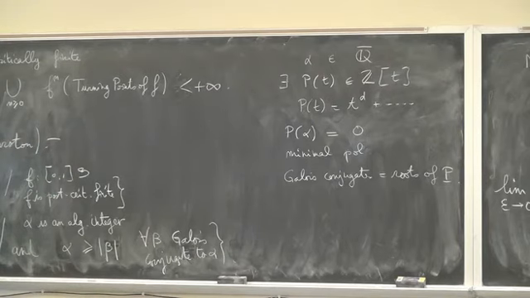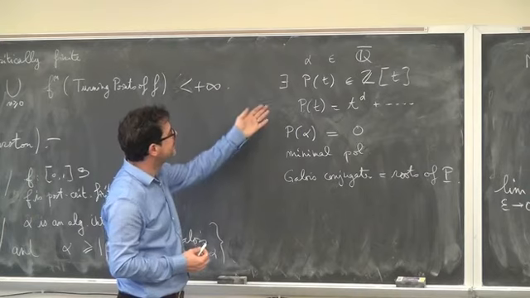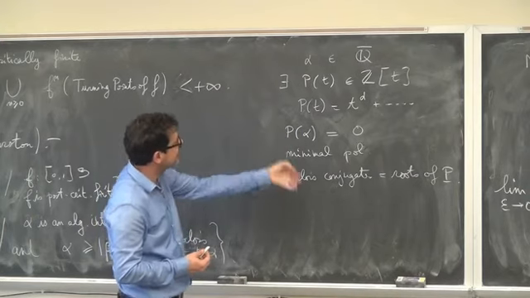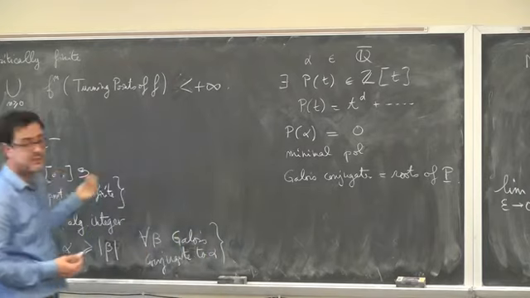Okay, so for example, if you take the golden mean, then it's a quadratic integer, and there is exactly one conjugate which has modulus less than 1.